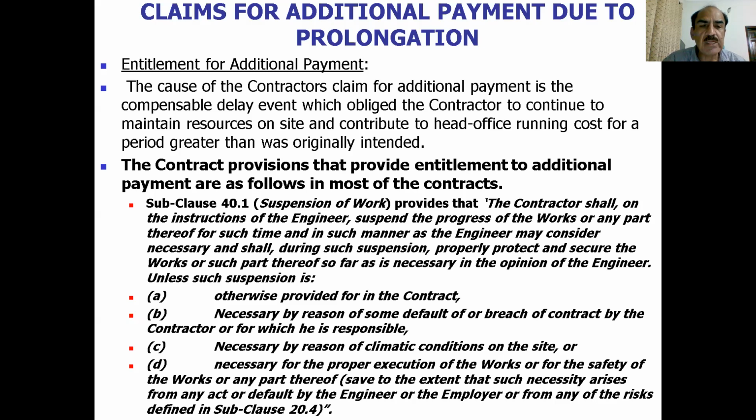For example, subclause 40.1 provides for the suspension of work, that the contractor shall, on the instruction of the engineer, suspend the progress of the work or any part thereof for some time and in such manner as the engineer may consider necessary, and shall, during such suspension, properly protect and secure the work in such part thereof as is necessary in the opinion of the engineer, unless such suspension is otherwise provided for in the contract.